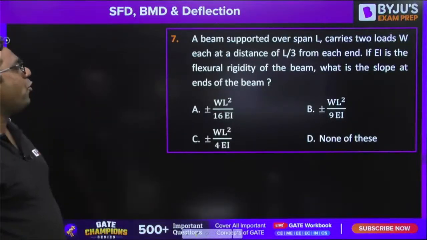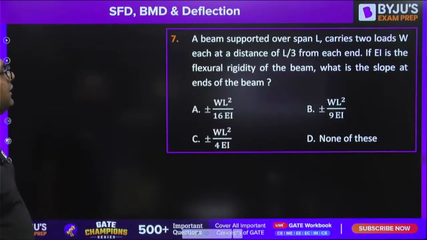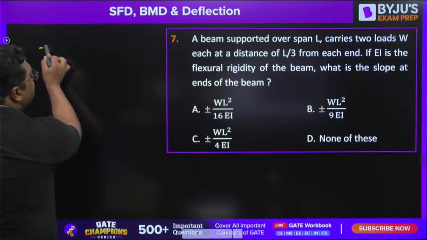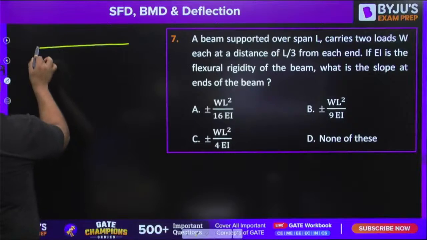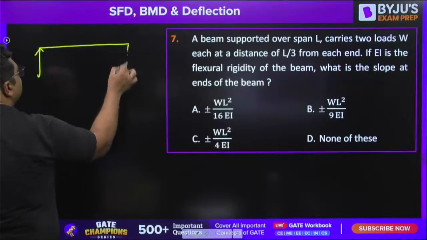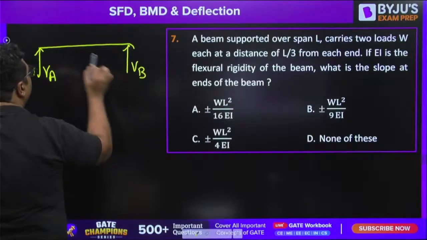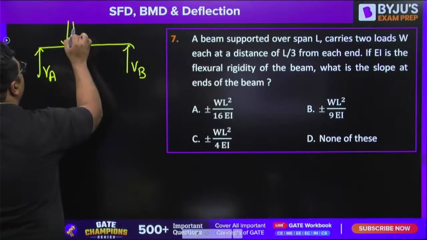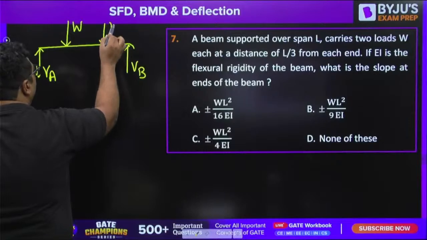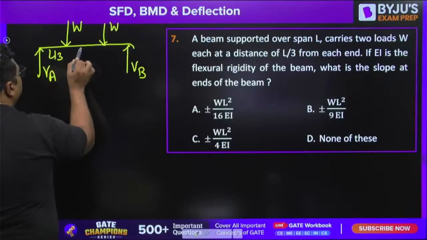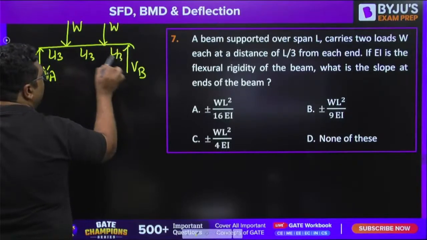A beam supported over span length L carries two loads each at a distance of L by 3 from each end. So guys, this is VA, this is VB. You have a load here W and a load here W. L by 3, L by 3, L by 3.